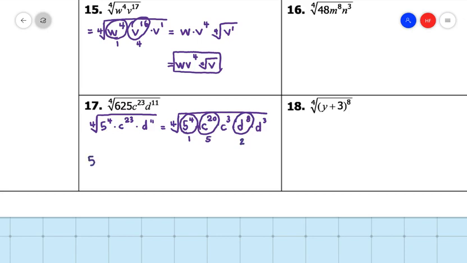So I'm taking out a 5, 5 powers of c, 2 powers of d, and inside I still have 3 powers of c and 3 powers of d. So I'll rewrite that without the dots, and it's 5 c to the 5th d squared, 4th root of c cubed d cubed.